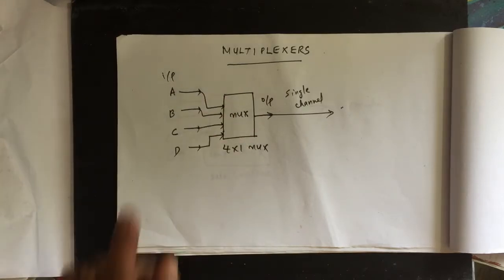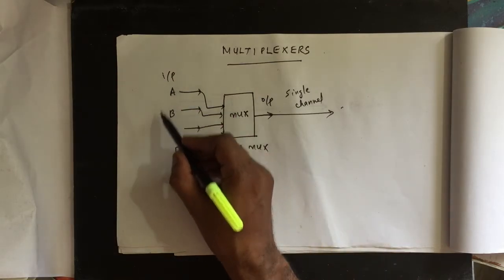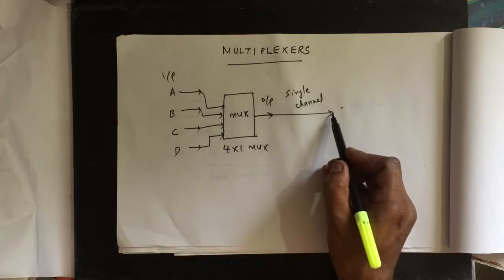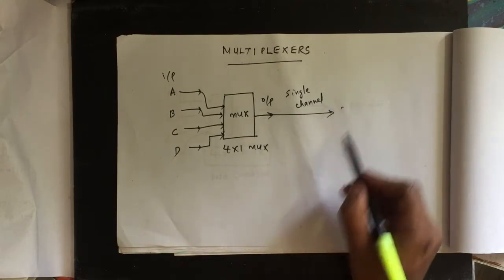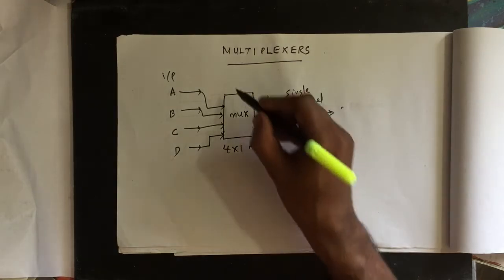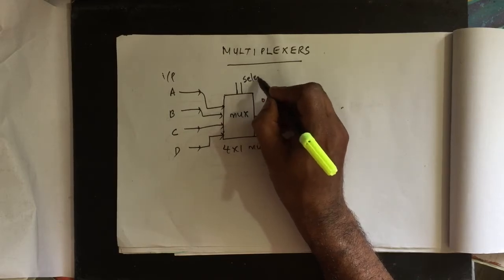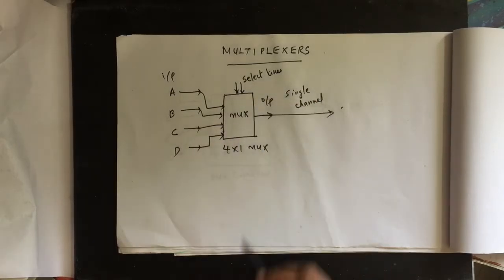Remember, a multiplexer always has 1 output and many inputs. Which input should reach the output, or be communicated to the destination, is selected by certain inputs known as select inputs or select lines. Since there are 4 inputs, I need 2 select lines. We will discuss it later.